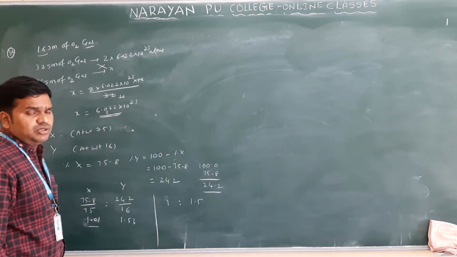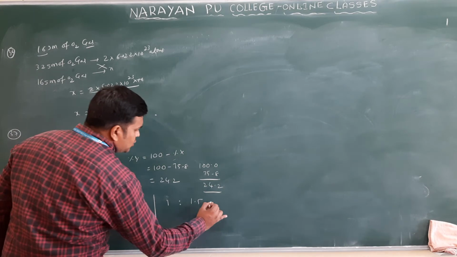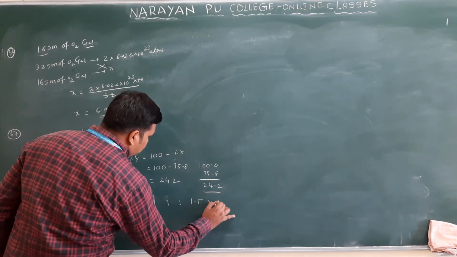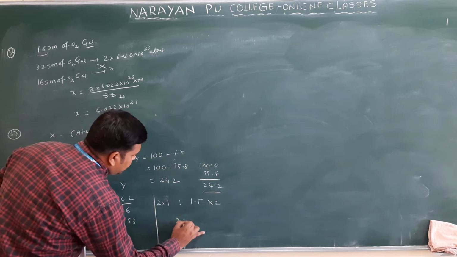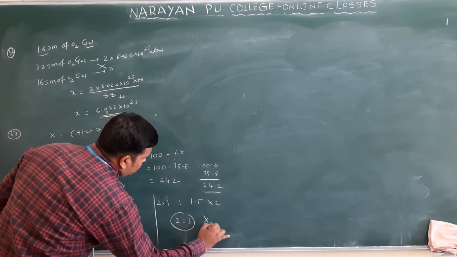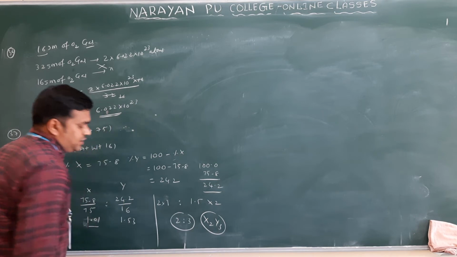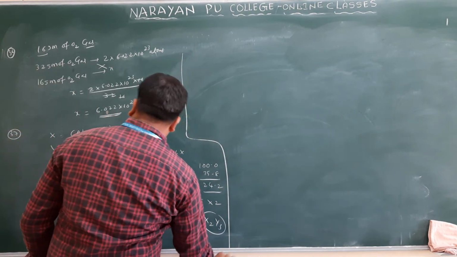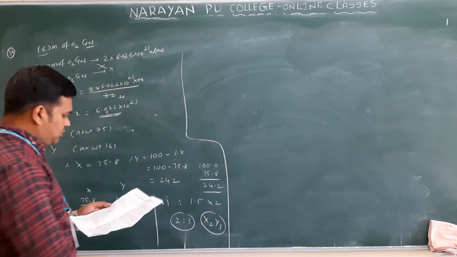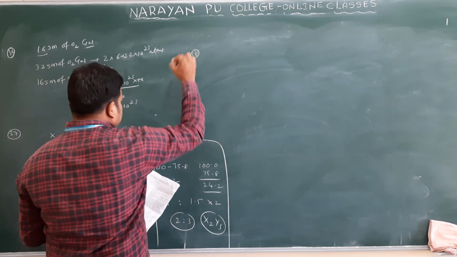What you will do? You can multiply with 2 only. So you multiply 1.5 and 1 with 2, so you will get 2:3. What is the formula you will get? X2Y3. So what is your answer? Your answer is option 4. So this question is related to the empirical formula only.